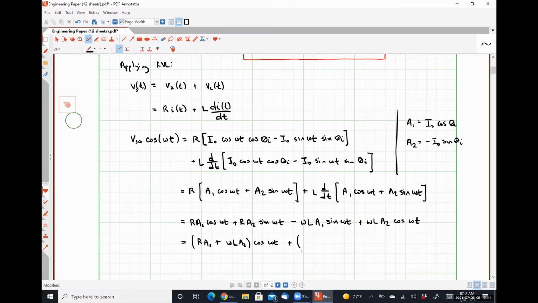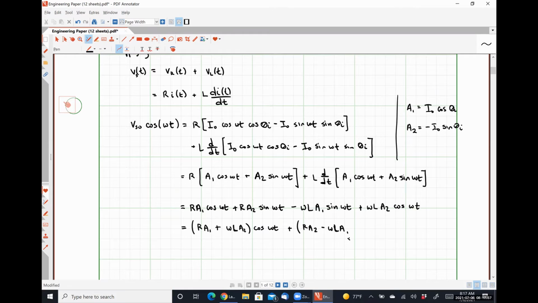And I have R times A2 minus omega L A1 times sine omega t. And just to be clear, out here I have Vs naught cosine omega t.